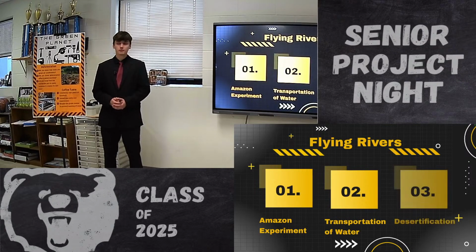And without trees, we wouldn't have as much rain as we have now, and it would lead to the start of desertification of some regions of our planet.